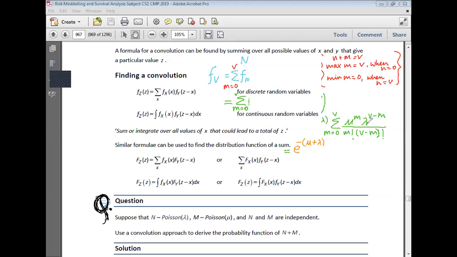Not exactly common, but because we have m going from 0 till v, you cannot necessarily take any of these outside, because you're summing up across m.